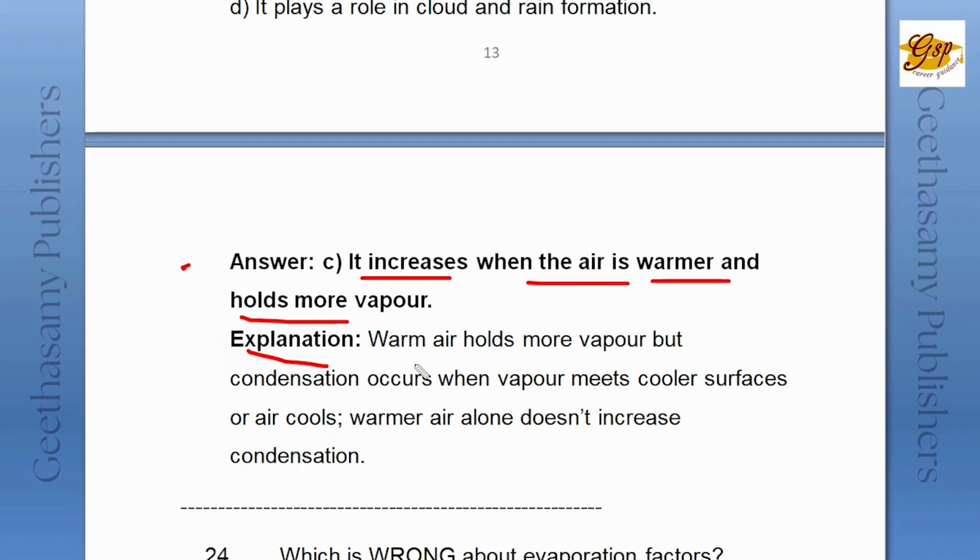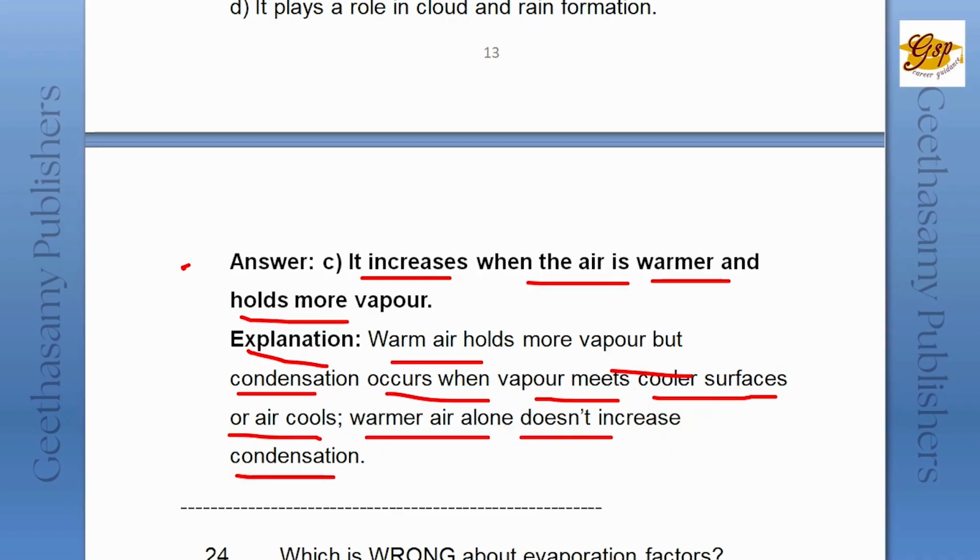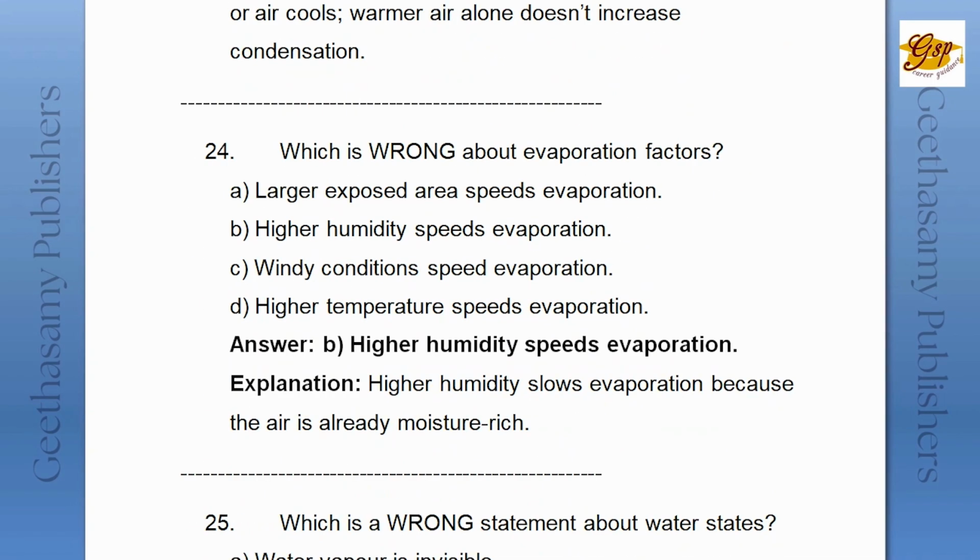The explanation: warm air holds more water vapor. Condensation occurs when vapor meets cooler surfaces or air cools. Warmer air alone doesn't increase condensation, right?